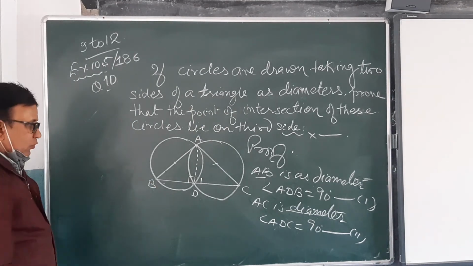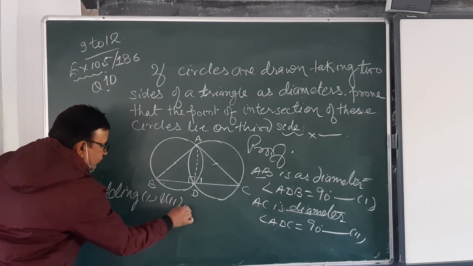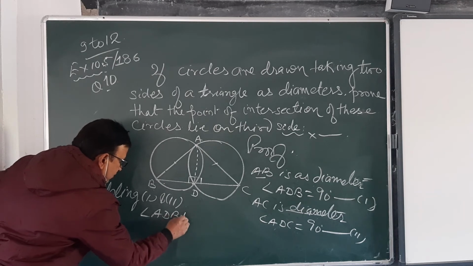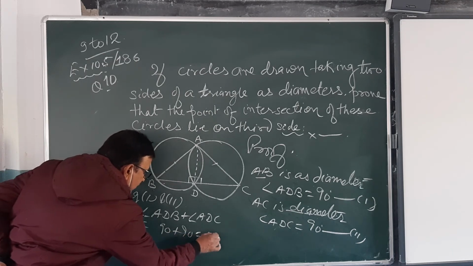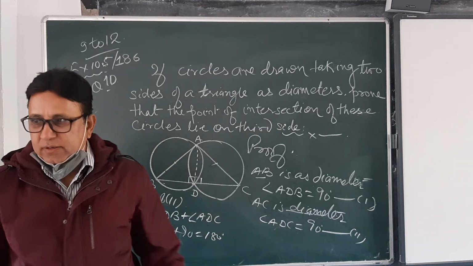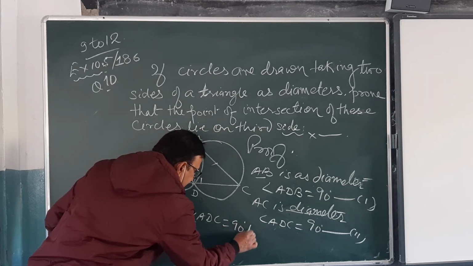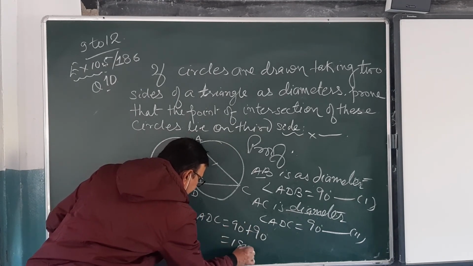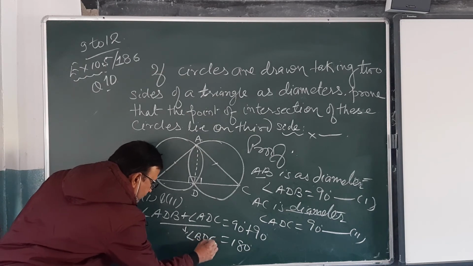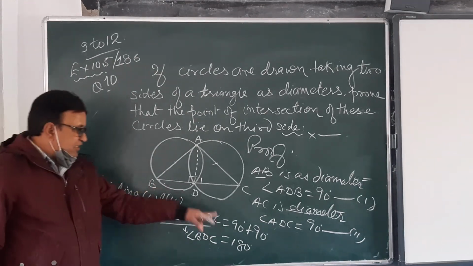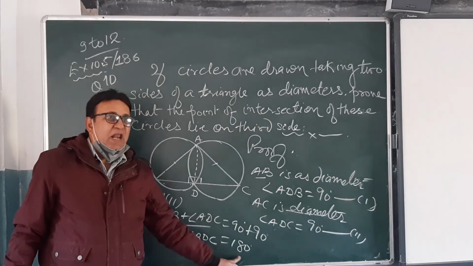By adding them, first and second, angle ADB plus angle ADC equals 90 plus 90, which is 180 degrees. Clear? So BDC is 180 degrees, which makes a straight line.